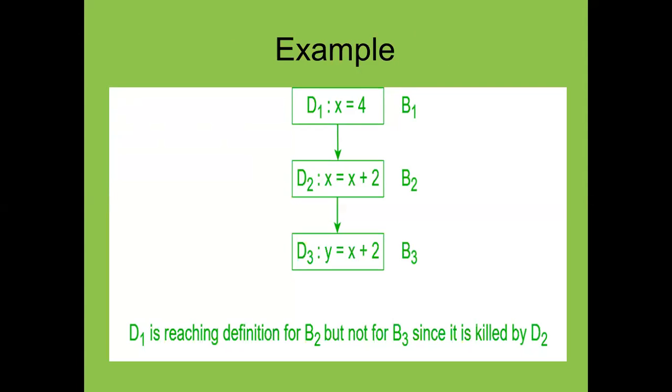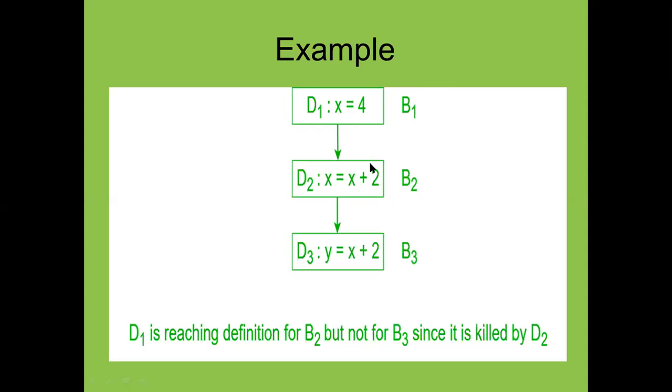Here we are considering the example of several sub-expressions which will be written while writing the source program, related to whatever activity you are going to do and related to your output. Now, just differentiate. D1 is reaching definition for B2.